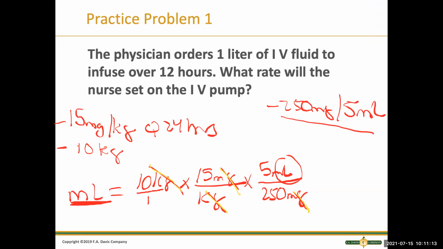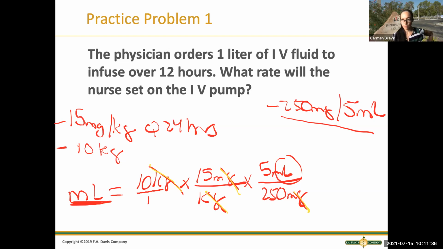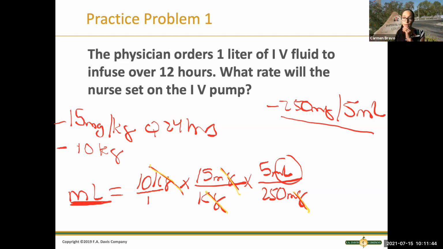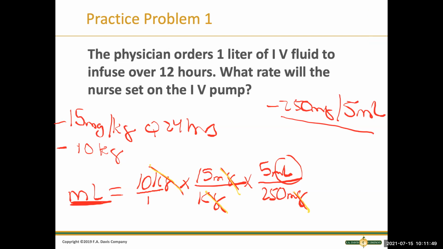So you wouldn't necessarily be asked, like, you have 100 milligrams per ml or per tablet of a medication, and you have a patient who weighs 20 kilograms. You have to have an ordered strength in order to figure out what you need to do. Unless all I'm asking you is what's the dosage.